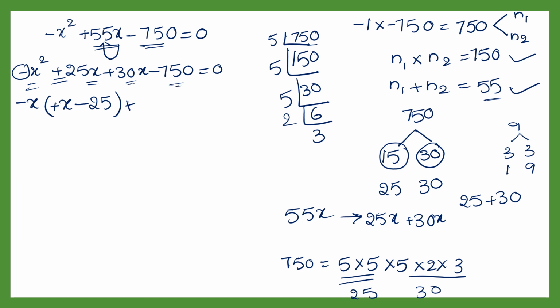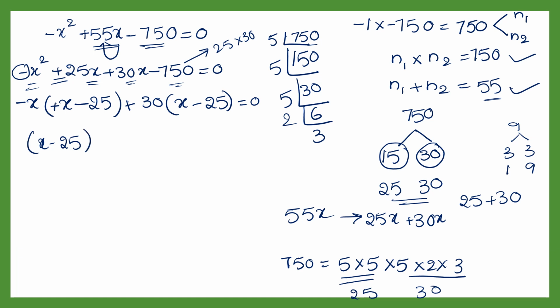Here already we know that 25 into 30 is 750, so 30 can be taken as common. So what will remain? X minus 25 is equal to 0. In these two terms, x minus 25 is common, into minus x plus 30 is equal to 0.